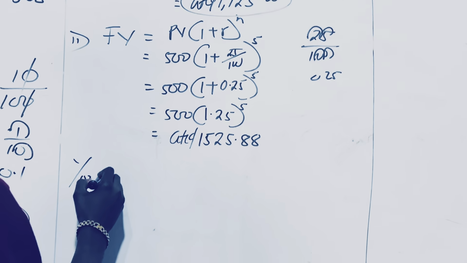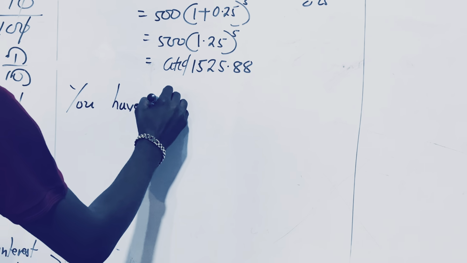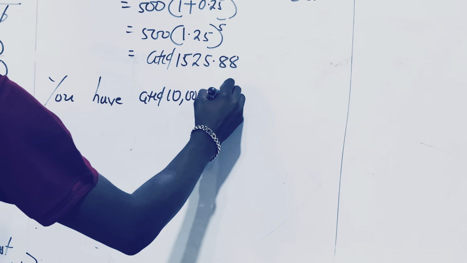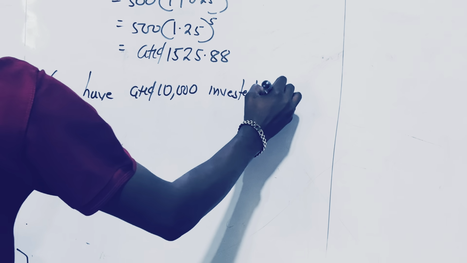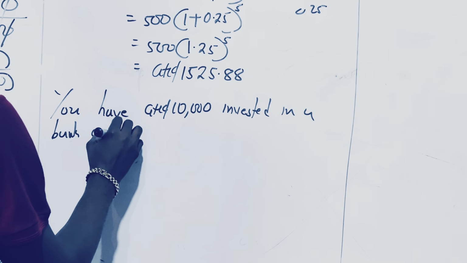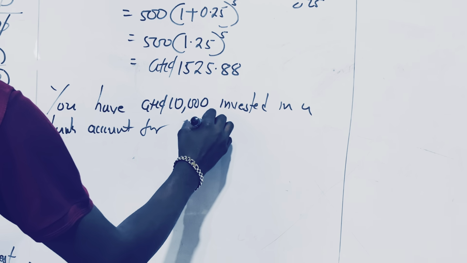We have a question here. You have, let's say, 10,000 Ghana cedis invested in a bank account for 6 years.